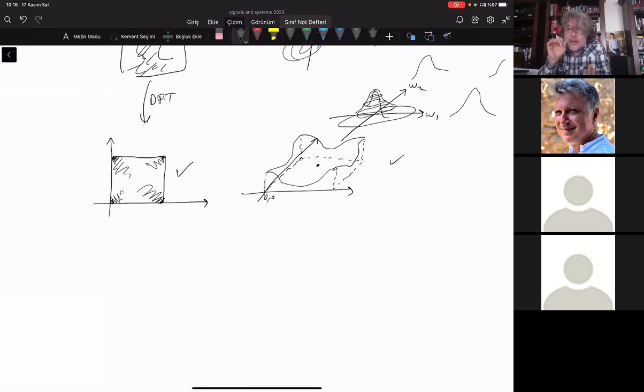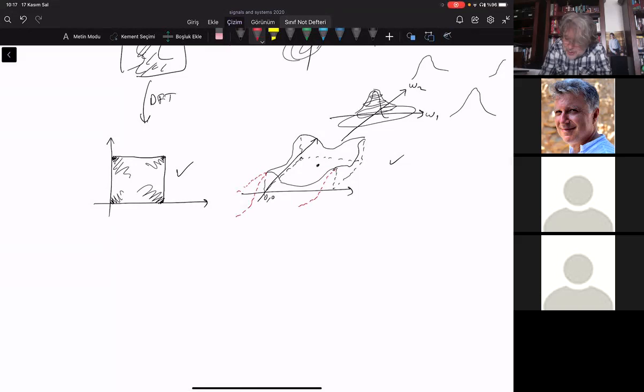People want to see the DC term, or the 0 frequency, in the center of the image, as if the left part of it is negative frequencies and the right part is positive frequencies. Similarly, top is positive and bottom is negative frequencies. So how are we going to do that? When you take the DFT, it looks like this, but actually it is a continuation of a presumable thing like this.